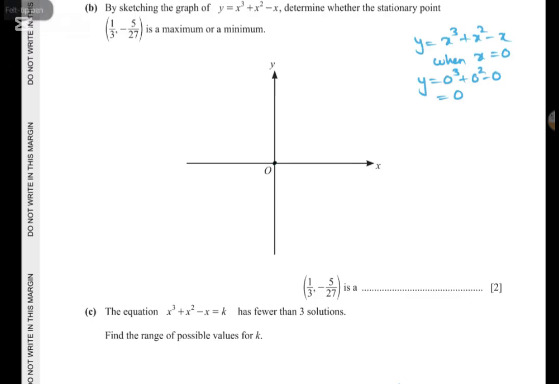And then when I take this equation again, if I take x common in this, I get x into x square plus x minus 1. So for this part, x square plus x minus 1, it can have points on either side of the origin. So let us take like this.